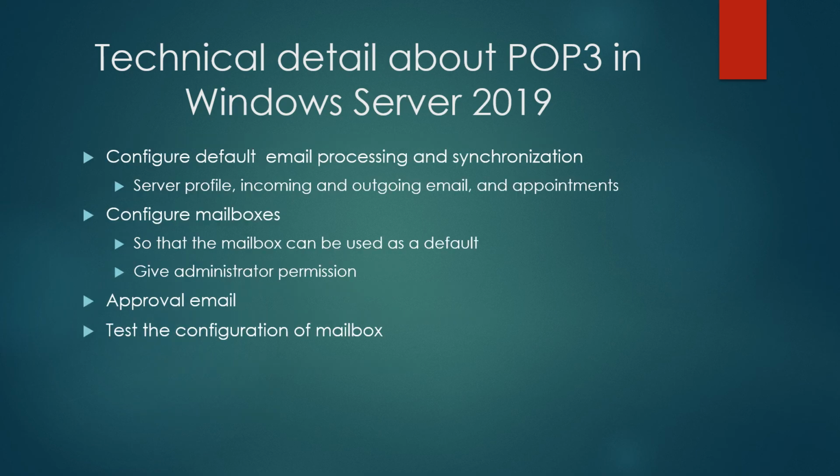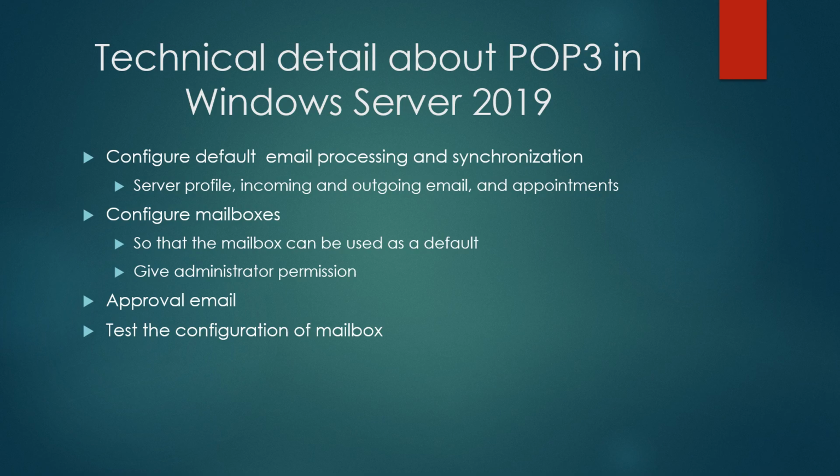Then after that, we make sure that we configure default email processing and synchronization. Here, the server profile covers incoming and outgoing email, and we also have to set appointments.